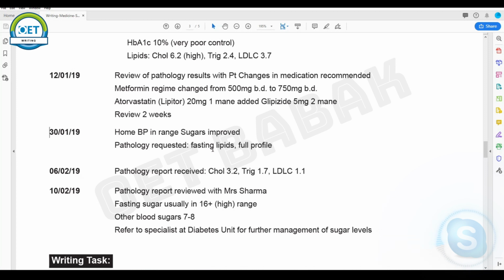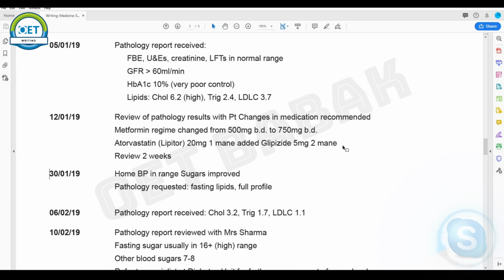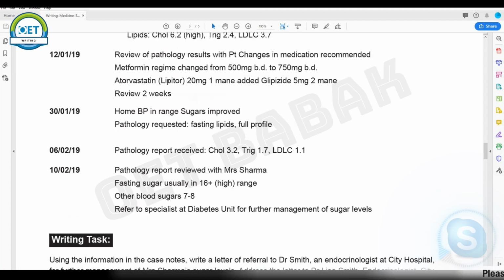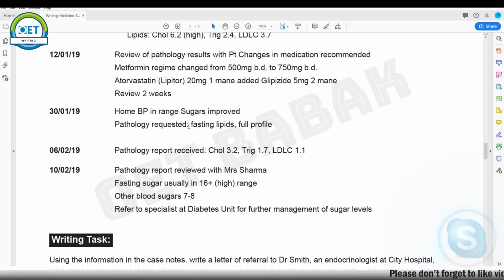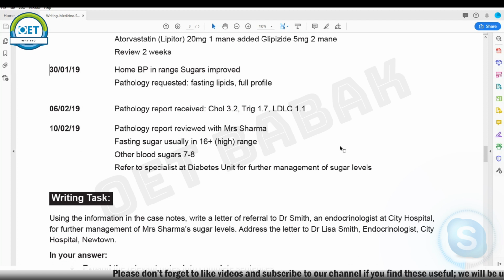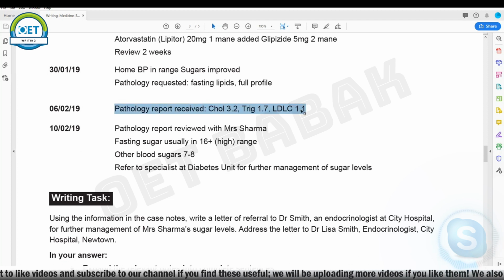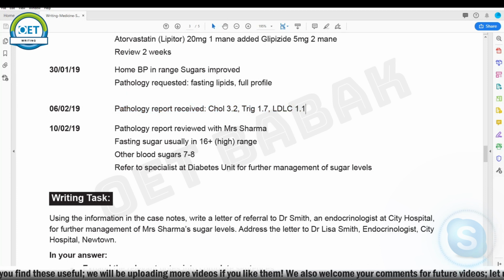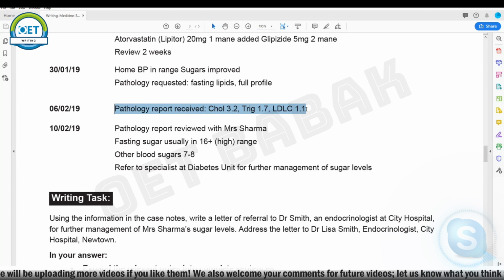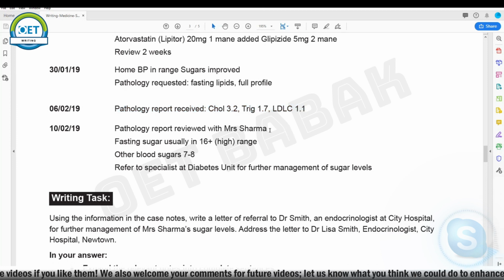So basically this does not mean that she has been seen at all these dates. This just says pathology received. This comes automatically when I check the results.